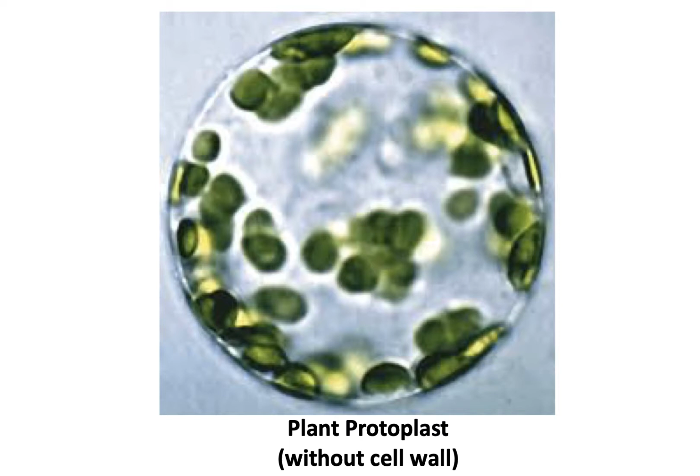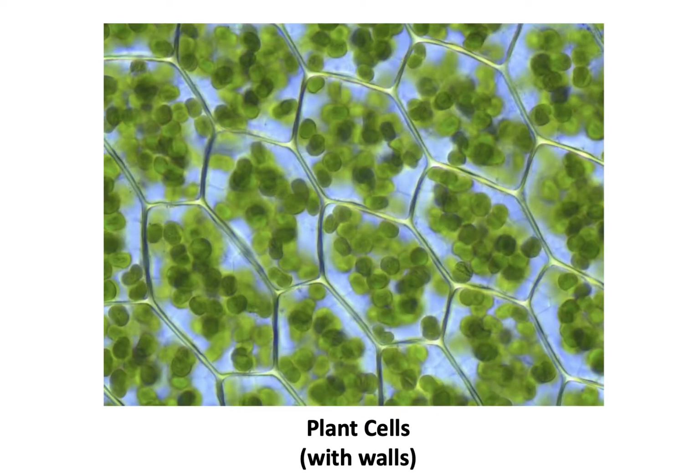So a lot of times this is where genetic engineering of plants starts, by making spheroplasts and then injecting or somehow having the plant take up foreign DNA into those cells. So plants with cell walls look like this, or many look like this, where now you have a rigid cell wall between each of the cells, or containing each of the cells, with the chloroplasts inside. Take the cell wall away and they all become spherical.